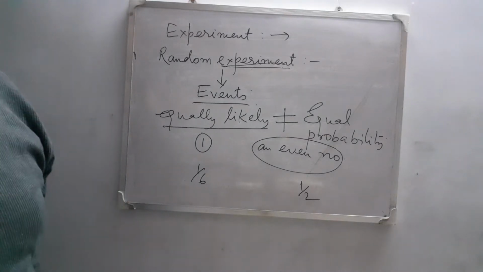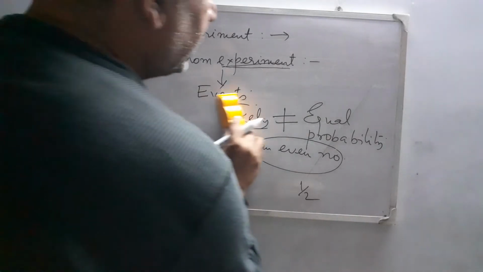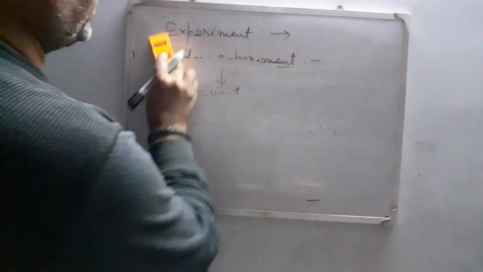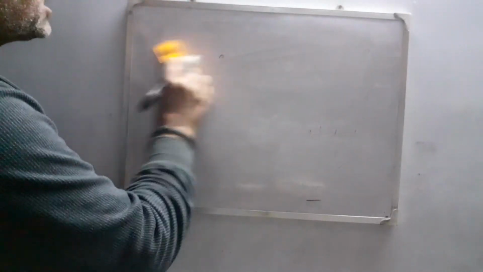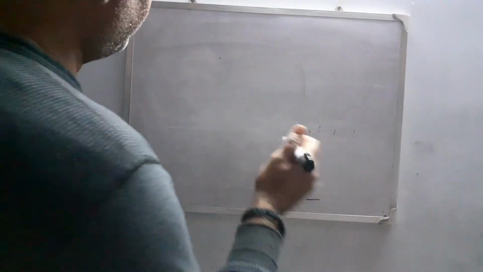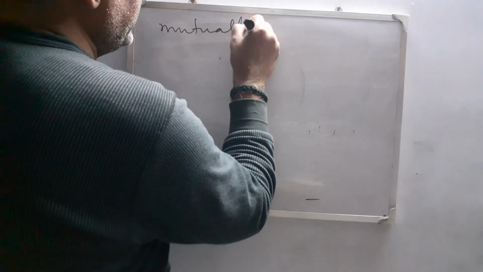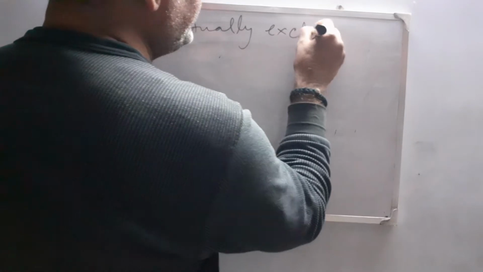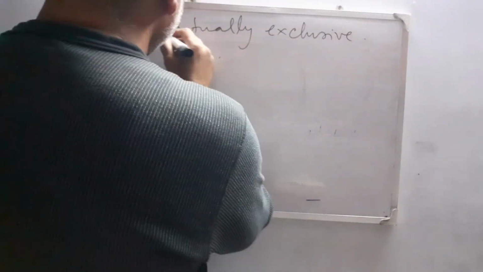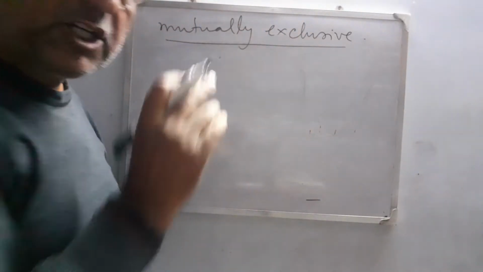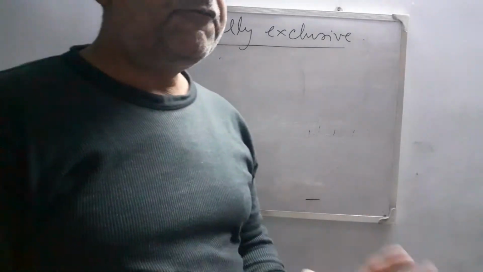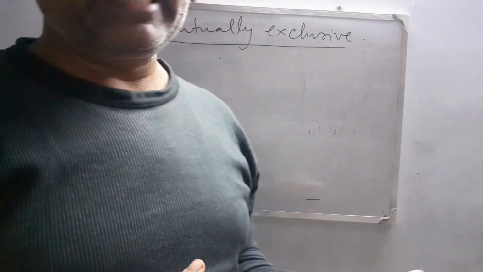Then the outcomes should be mutually exclusive. Two or more outcomes are said to be mutually exclusive if they do not occur simultaneously.